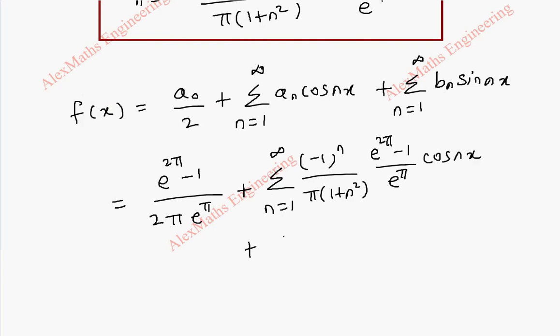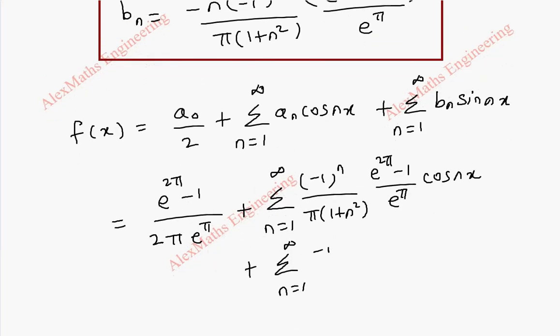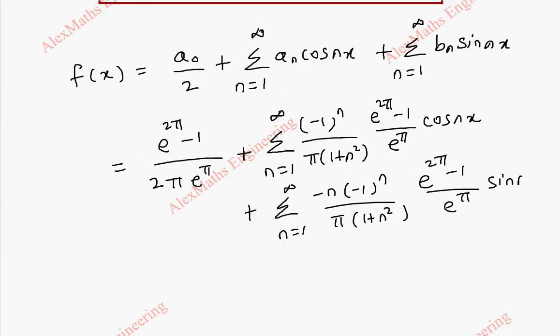Then plus summation n is equal to 1 to infinity Bn. Bn we have here is minus n into minus 1 whole power n by pi into 1 plus n square, again e power 2 pi minus 1 by e power pi, into sin nx.